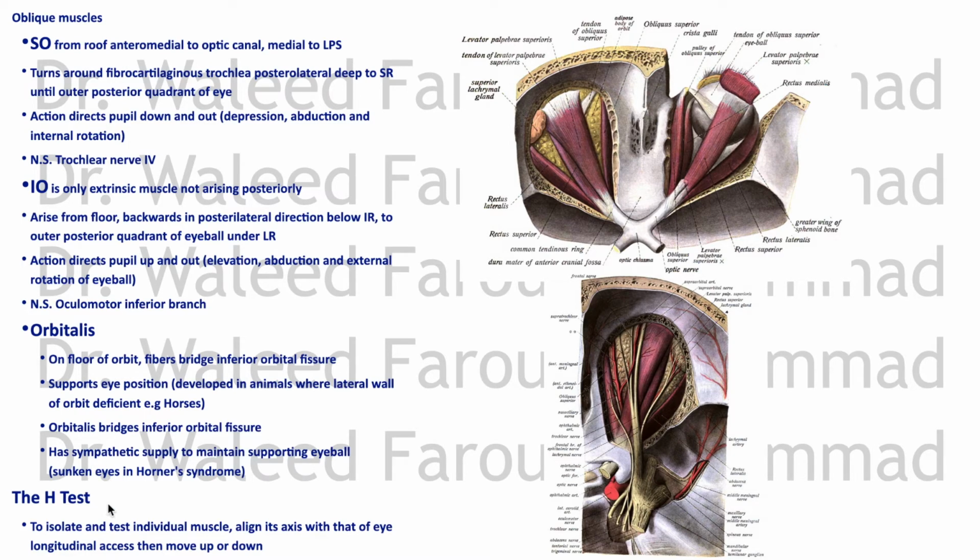It tests the muscle in an H-shaped manner. The rule is, if you want to test for the superior rectus, for example, you bring the axis of the eyeball aligned with the muscle you are testing, which is the superior rectus. So you must ask the patient to look lateral, abduct the eye.